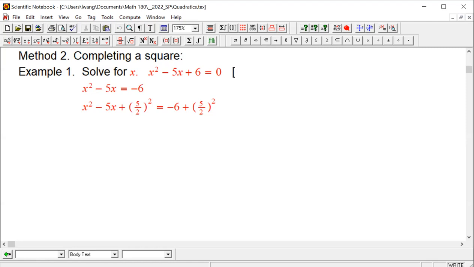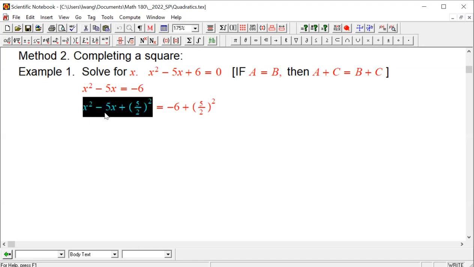Principle number 3: if A is the same as B, then A plus C equals B plus C. That's principle number 3. So we've been using principle number 3 all along. We subtract 6, adding 5 halves squared.